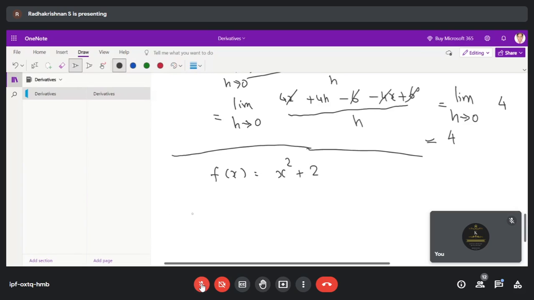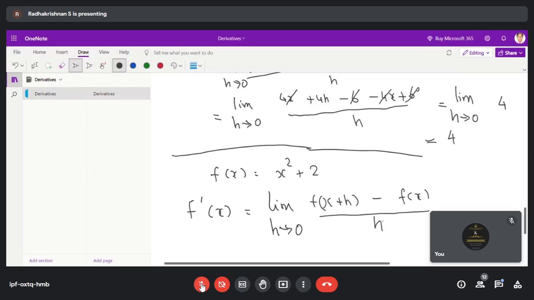The limit h tending to 0 of f of x plus h minus f of x, divided by h.